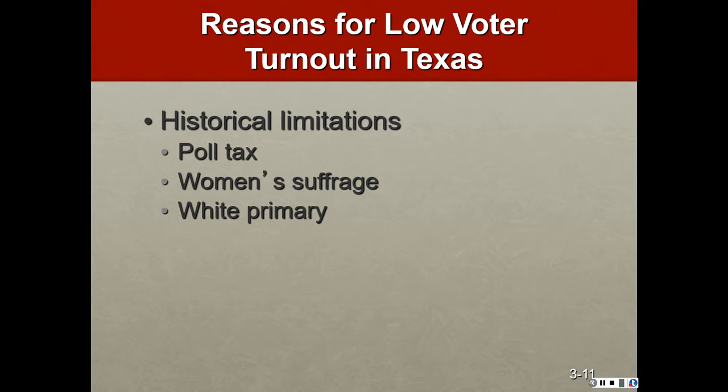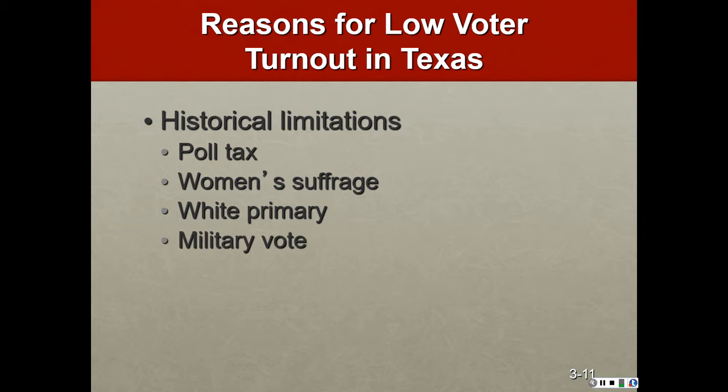This is where the state had the Democratic Party run the Democratic primary. Why did they do this? Because the Democratic Party was a private organization, so they were free to discriminate. This wasn't changed until the 1940s. What was that court case? We've talked about this.